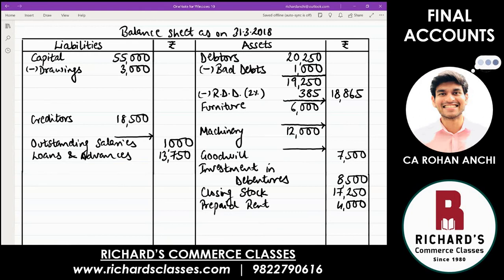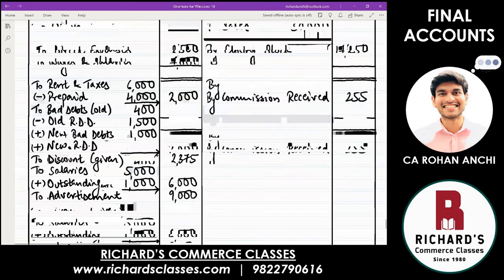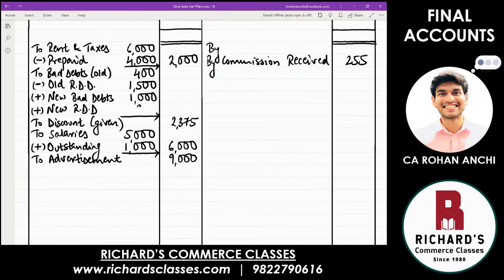This is one effect. Second effect, again, come back to profit and loss account debit. We have already written the word new RDD. 385 you write there. And now we are ready to calculate all of these four adjustments together in the outer column. Only be careful, one of the items is minus 1,500.